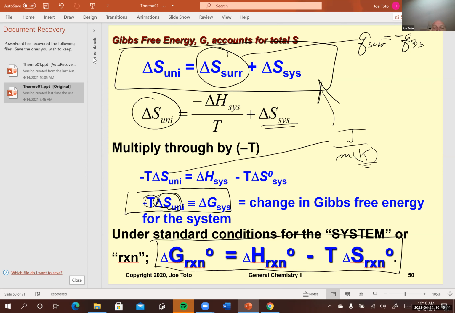And if we multiply by temperature in Kelvin, what do we get? We get a term that's energy. So we define this term in terms of energy, and we call it Gibbs free energy. Now, why do you think they call it free? What does that refer to?